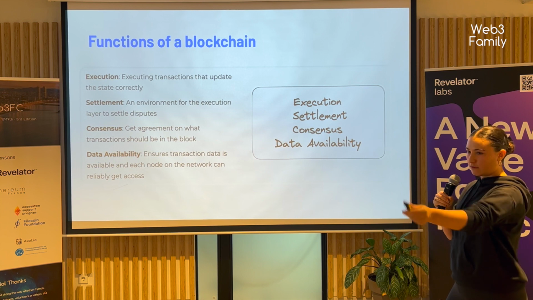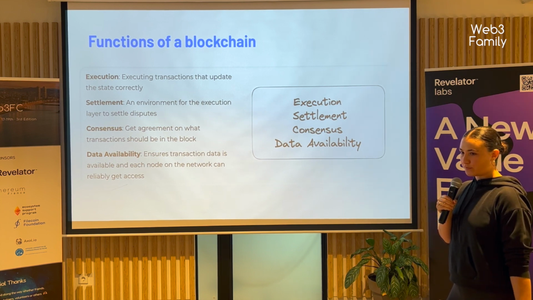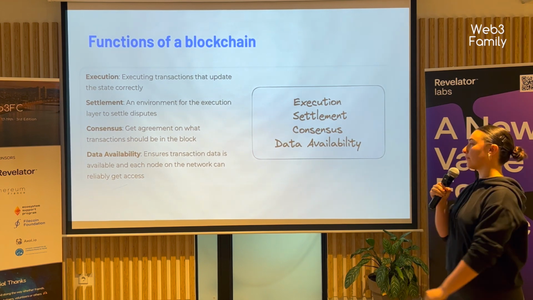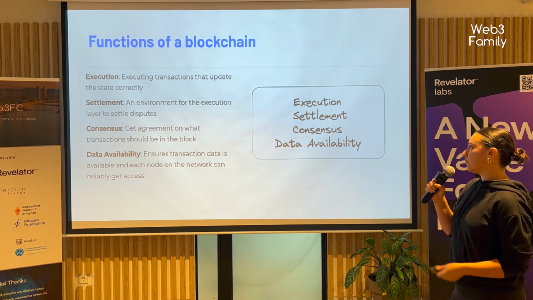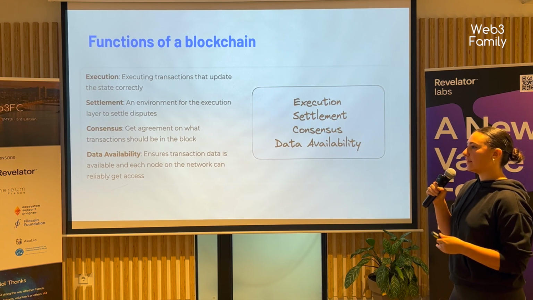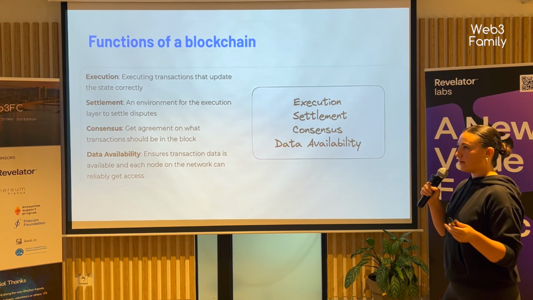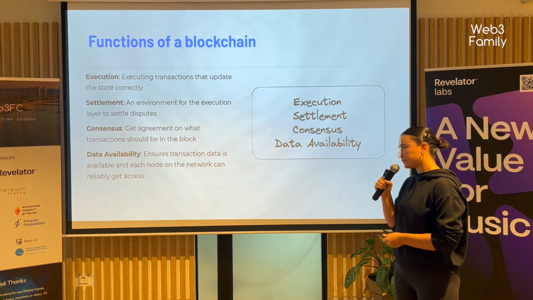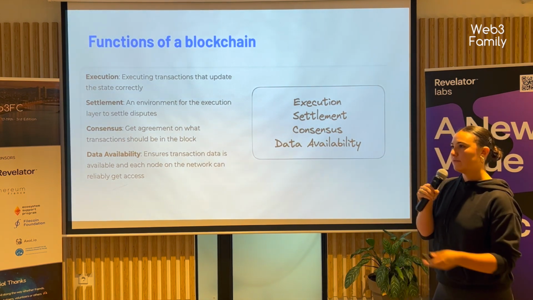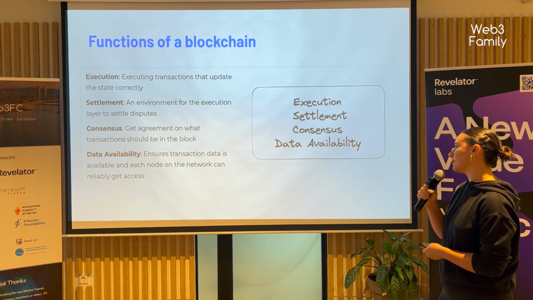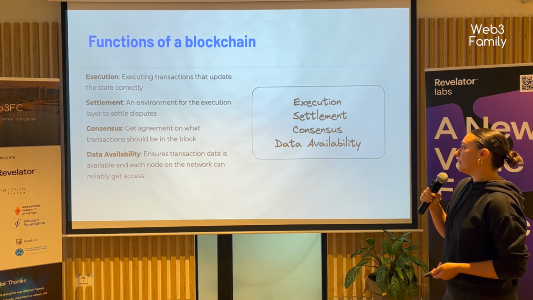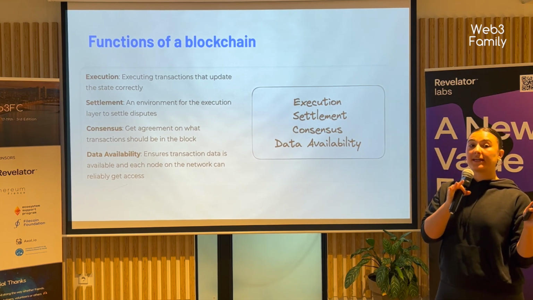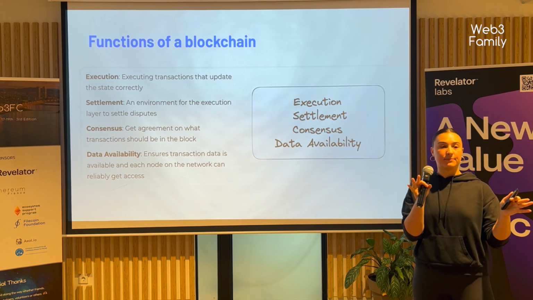If I'm sending Faku 5 Atom, it's the action which changes the state. Then we have the settlement layer, in which you basically settle any disputes. Consensus is getting all the validators to agree on a block. And data availability ensures the transaction data is available and that each node can get access to it at any point in time.